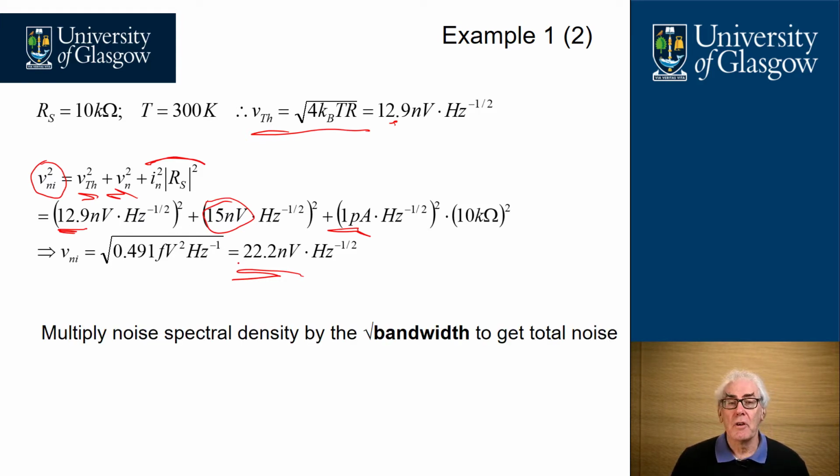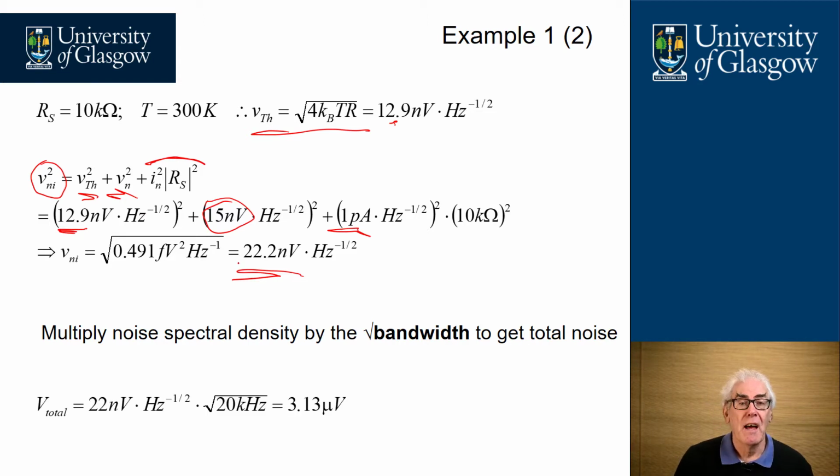In order to calculate what the total noise is and the total VNI, we multiply the noise spectral density, i.e. the value per root hertz, by the square root of the bandwidth, and that gives us a total equivalent noise input of 3.13 microvolts.